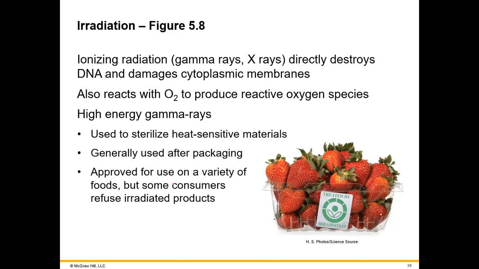Strawberries, of course, you cannot clean them or remove microbes from them by treating with heat, because you'll end up with cooked strawberries, and you don't want cooked strawberries, you want fresh strawberries. This is typically used after packaging. So the material, after it's ready to be shipped, passes through the ionizing radiation chamber before it comes out, and it's ready for shipping.